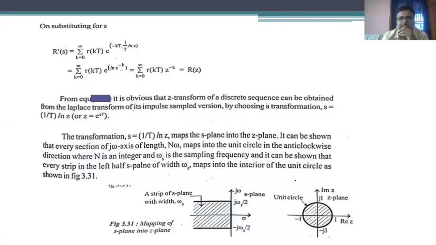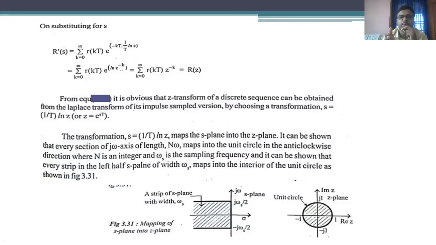That means the Z transform of the discrete sequence r of kT can be obtained from the Laplace transform of the impulse sampled signal, while choosing the transformation condition S is equal to 1 by T into ln of Z.